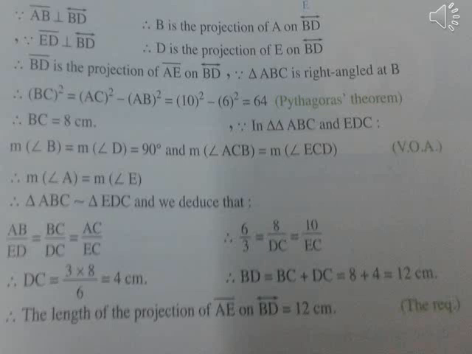Therefore, BD equals BC plus DC equals 8 plus 4 equals 12 cm. Therefore, the length of the projection of line segment AE on straight line BD equals 12 centimeters.